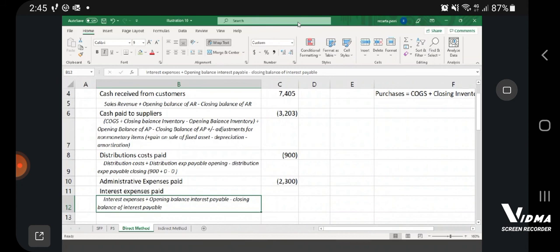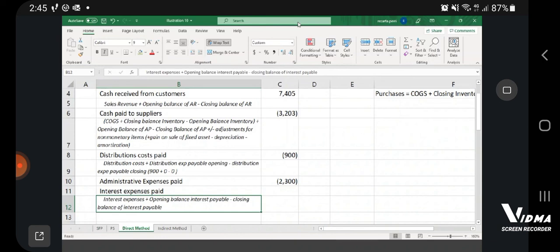You can notice that it's somewhat the same thing that is being repeated over and over again. Whenever we have to convert an expense to a related payment, we take the amount of the expenditure and adjust it for the opening and closing balances.